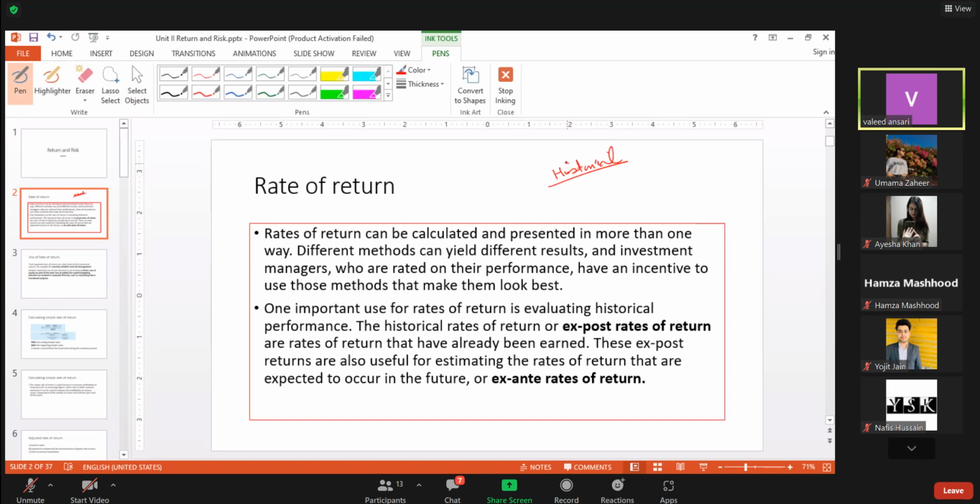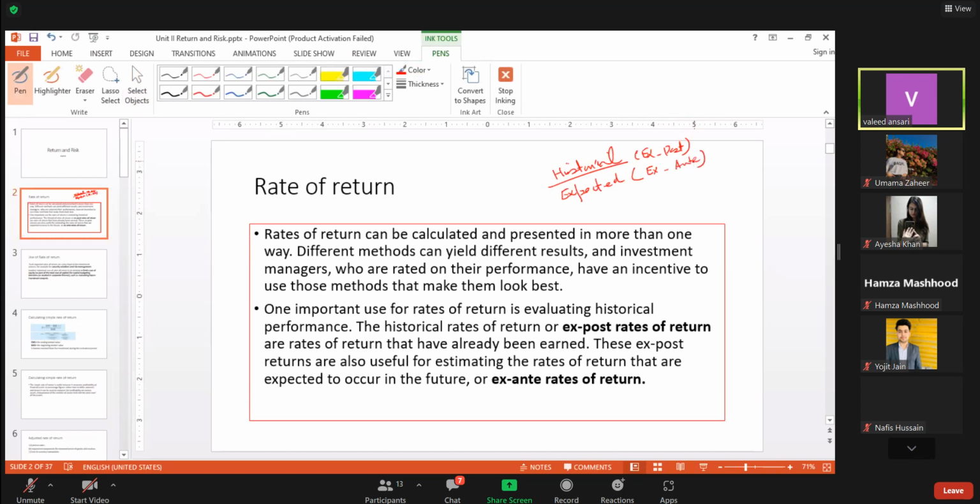We calculate the return of a particular asset. This is called the ex-post return, which has already happened. Then there is expected return, because whenever one is making an investment, one is making it for the future. So this is called expected or ex ante return.